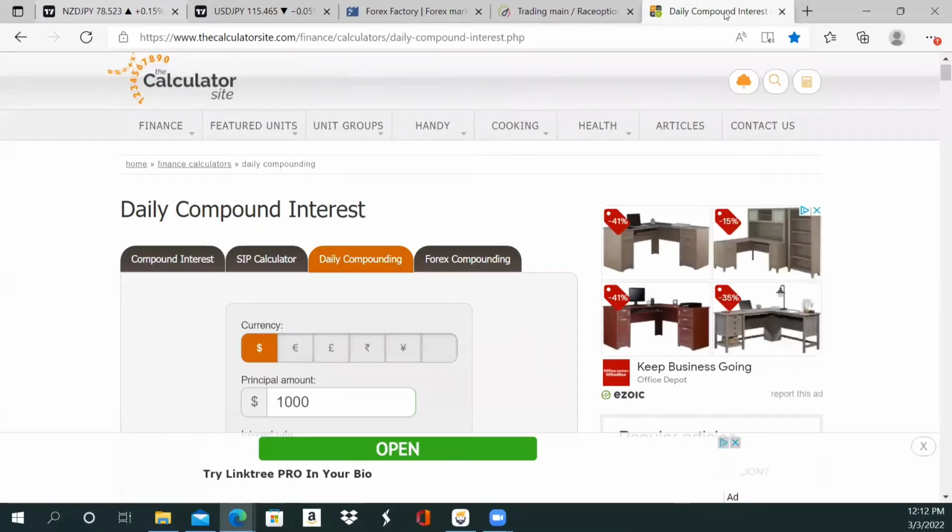So this little presentation here, I've always shown this daily compound interest. Say you started an account at $1,000, and we're only taking 2% trades. A 2% trade out of 1,000 is $20.